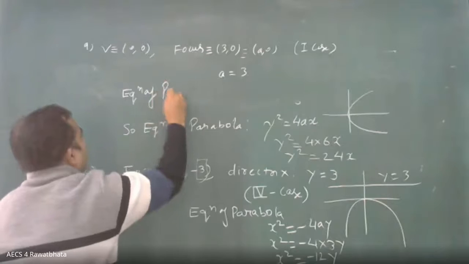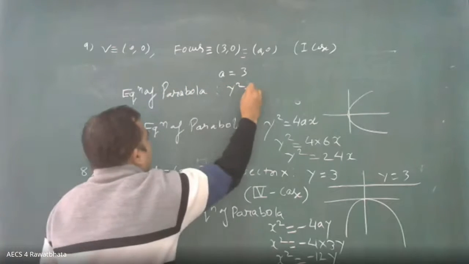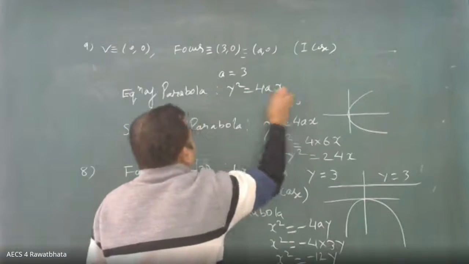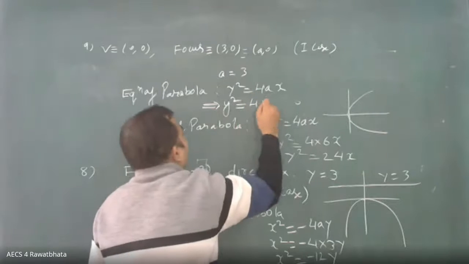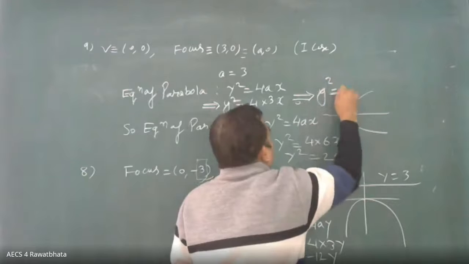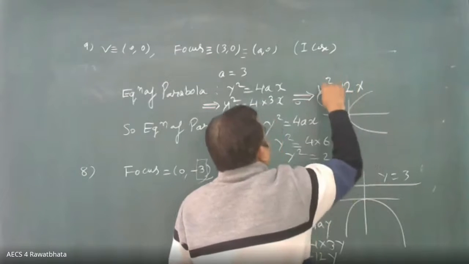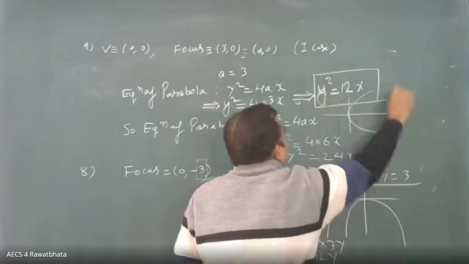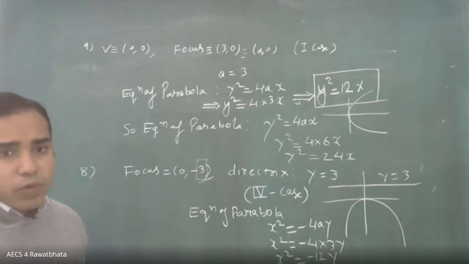Yes, the equation of the parabola is y square equal to 4ax. So here y square equals 4 into 3x, y square equals 12x. Simple, right? So this was question 9.